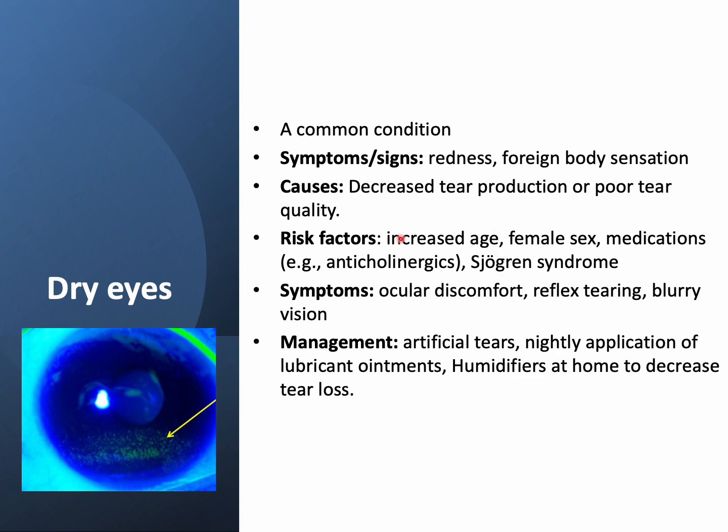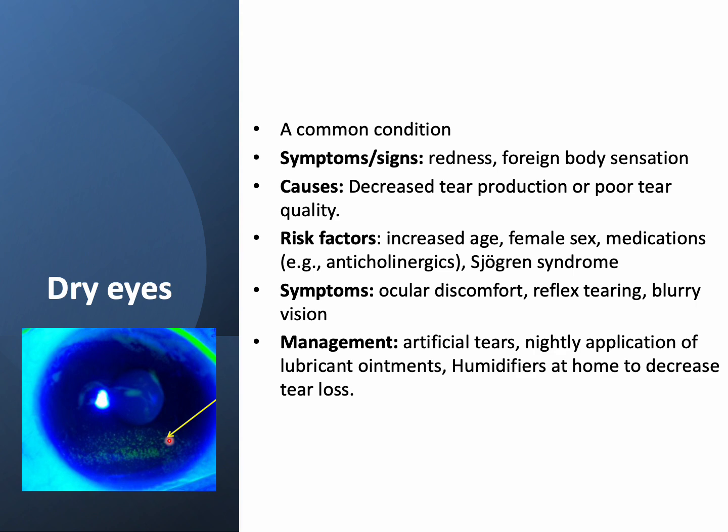It can happen due to decreased tear production or poor tear quality, and sometimes they can have reflex tearing. So some patients tell you, I'm tearing a lot, and when you examine the cornea, you find punctate epithelial erosions. And when you tell them that they have dry eyes, they will tell you, however, I'm having excessive tearing. Why are you telling me I have dry eye?